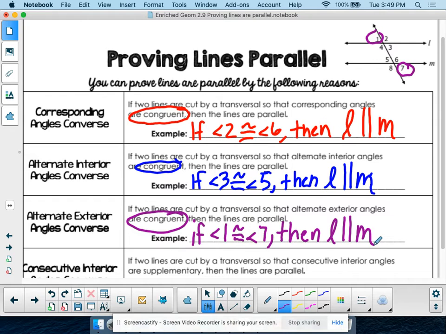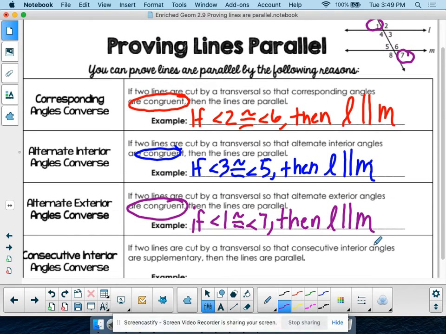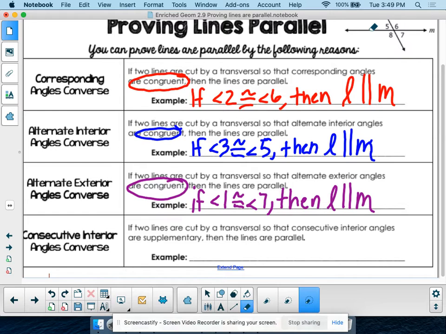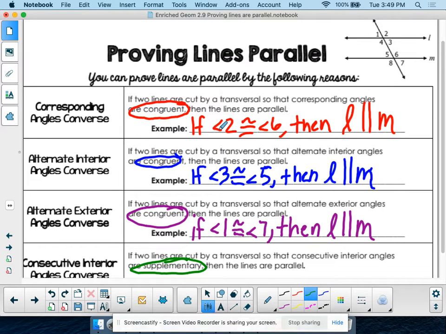And then as always, our odd man out here is our consecutive interior angles. If we have consecutive interior angles that are, what, you guys, supplementary, then we have lines that are parallel. In our picture, that would be like 4 and 5.